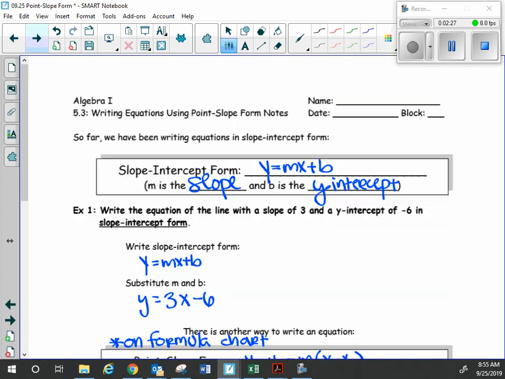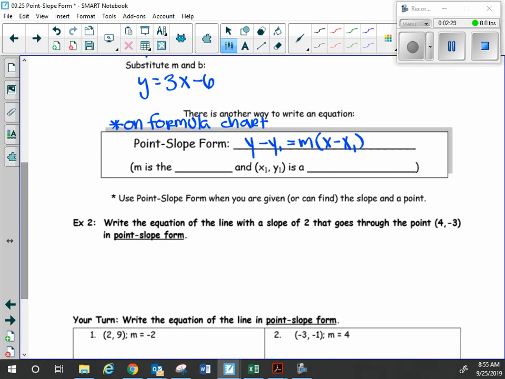So, going back to our notes, m is still the slope, and x1, y1 is any point from the line. Point slope form can be written with any point that is on the line.